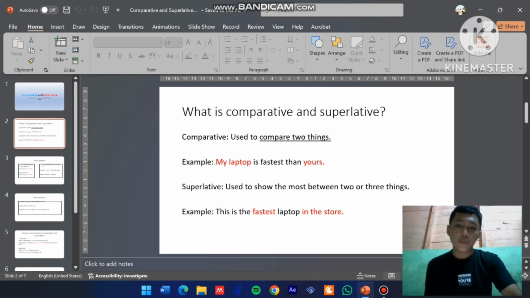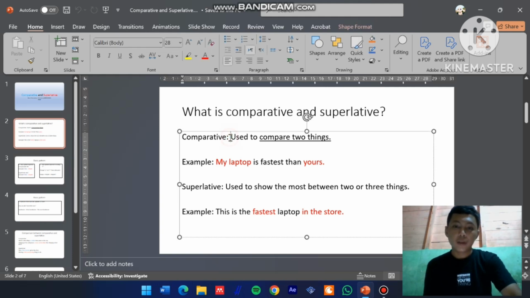Now let's start from comparative. Okay, so in here we can see that comparative is used to compare two things. So if you find a situation when you want to compare something and the things are two, remember, two things, not more than two, you will use this pattern or this grammar.